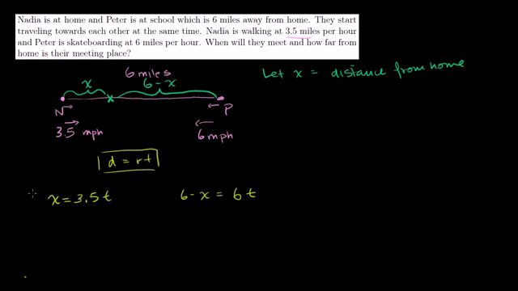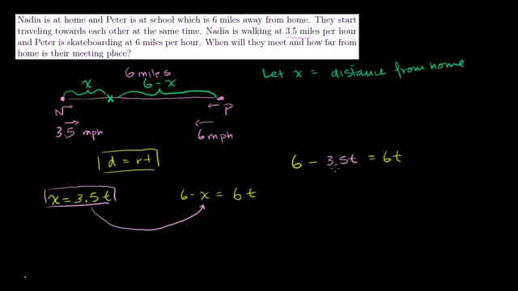We've already solved for x here, so let's substitute this for x right there. We can rewrite this equation as 6 minus 3.5t, because we know that x is equal to 3.5t, is equal to 6t.